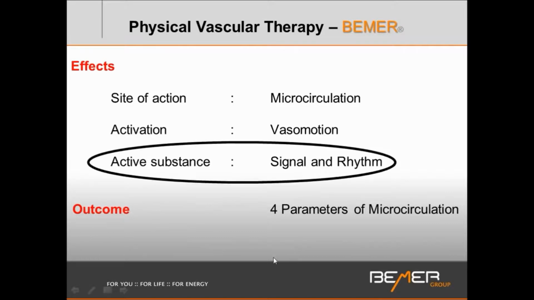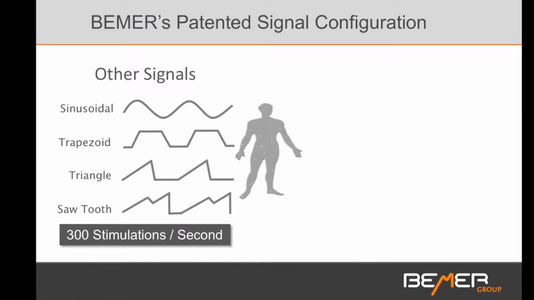Let's look at the active substance and the signal and the rhythm, and what makes the BEMER so unique compared to any other pulse electromagnetic device out there. Wave shapes that you see right here, those are the commonly used waves with other devices that you find out in the market.